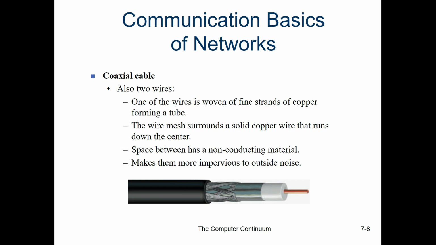The wire mesh surrounds a solid copper wire that runs down the center, and the space between has a non-conducting material, which makes them more impervious to outside noise. The purpose of insulating this much is so that no other frequencies from outside could affect the signals being passed through the copper wire.